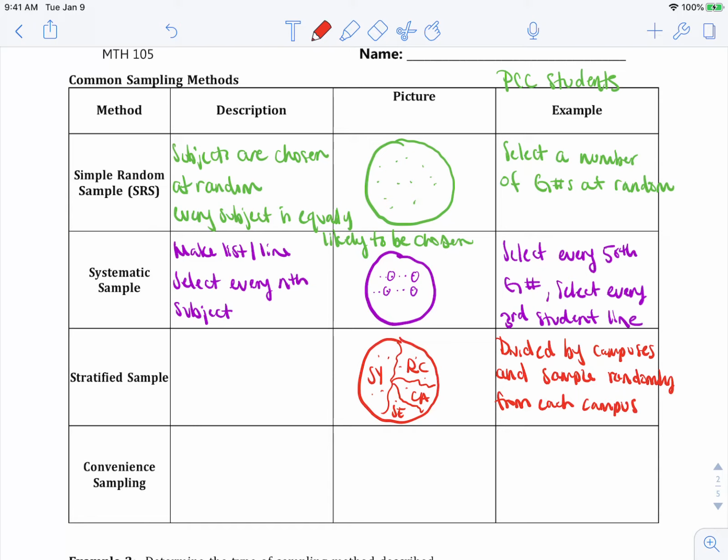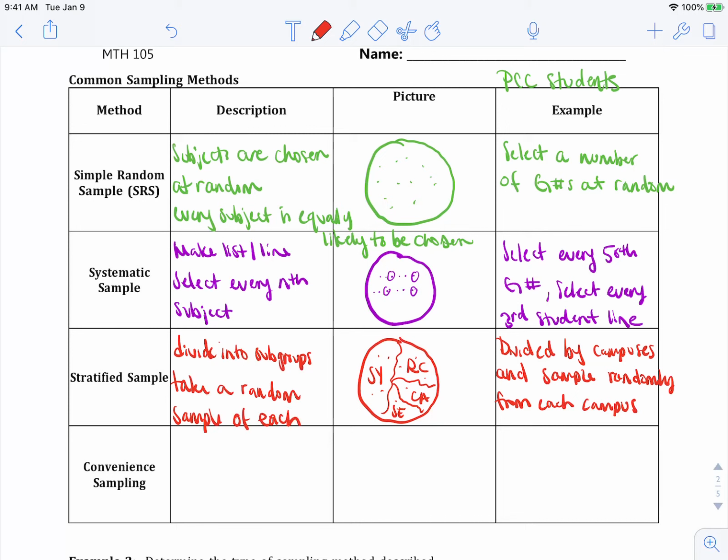So the formal description for this is we divide into subgroups and take a random sample of each. Random sample of each.